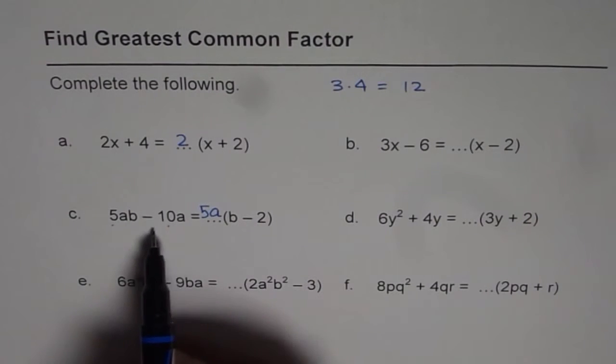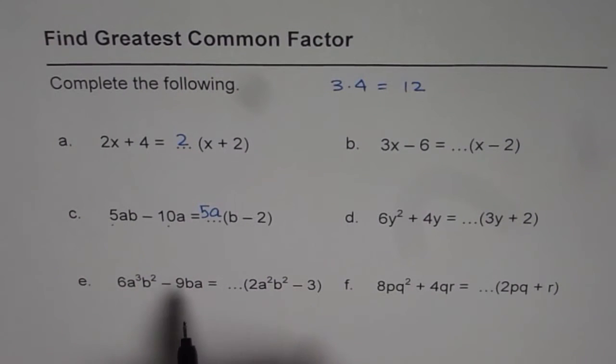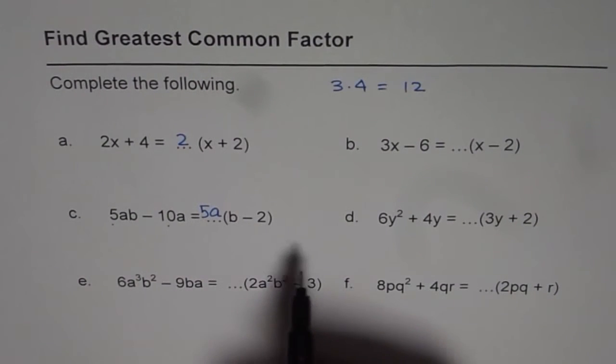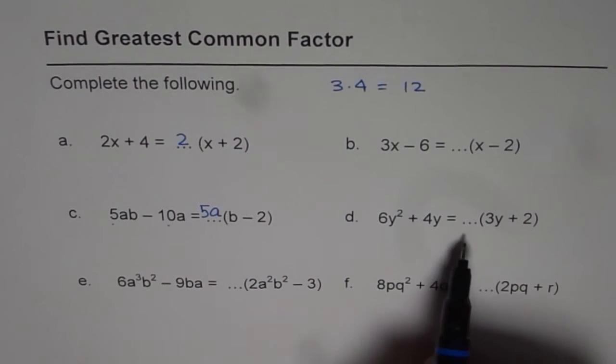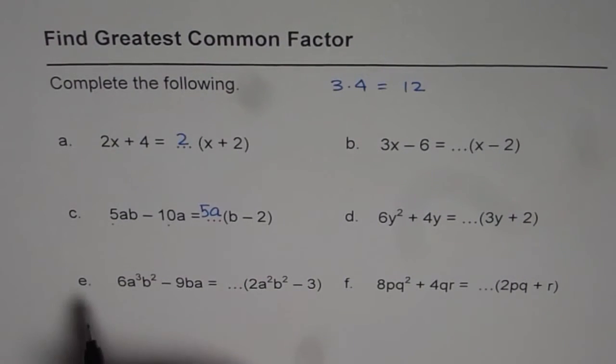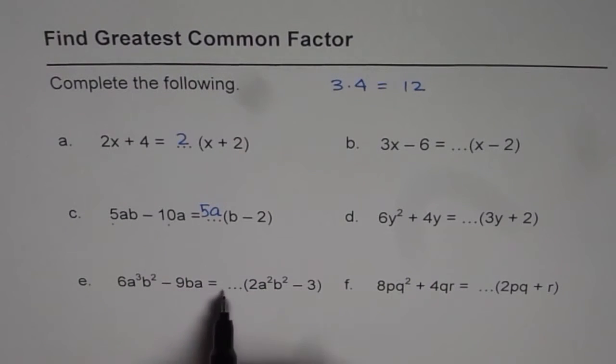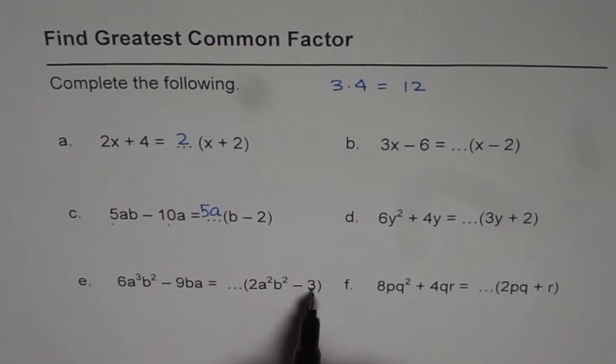Minus 10a divided by 5a is indeed minus 2, so that is correct. Now based on this, you can factor the given expression here, so try it out. E is 6a cubed b squared minus 9ba equals something times, within bracket, 2a squared b squared minus 3.